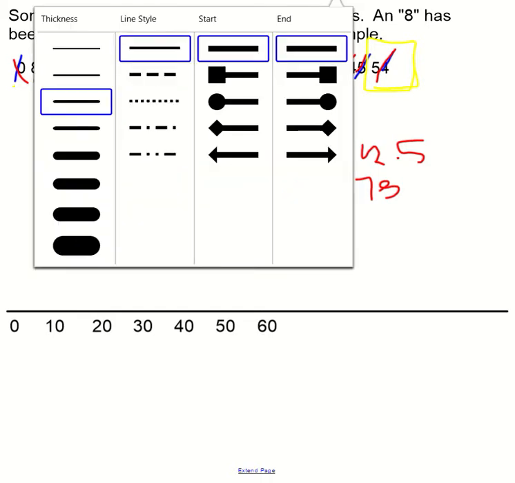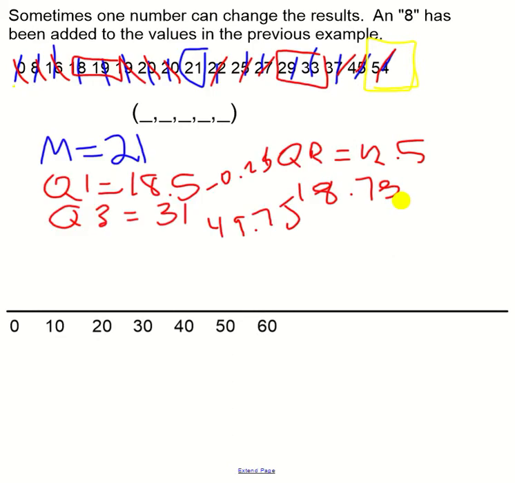Now when we graph all these points, our minimum is down here at 0, and then our quartile 1 is at 18.5, our median is at 21, our Q3 is at 31. Our maximum would have been 54, but because 54 is an outlier, we just put a dot there, and we don't connect it to the rest. 45 is now our new maximum.